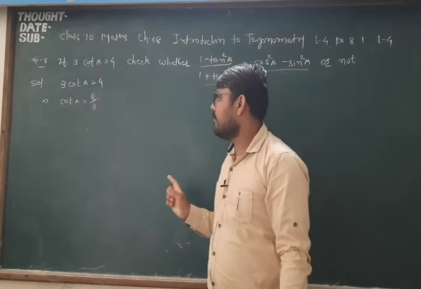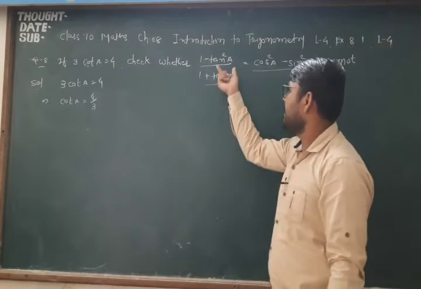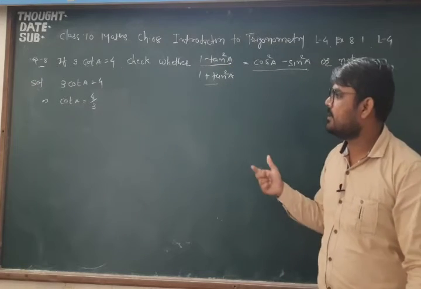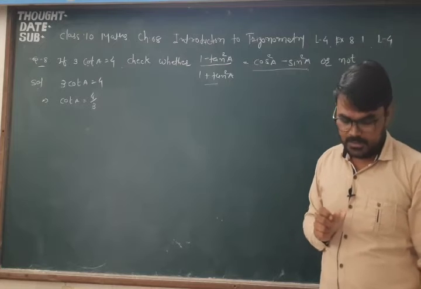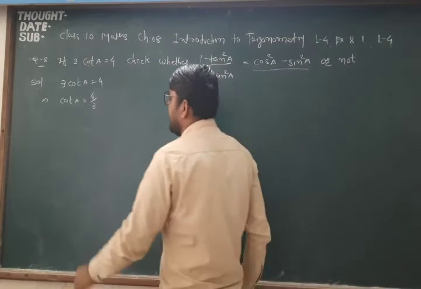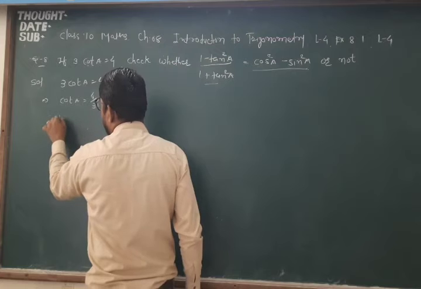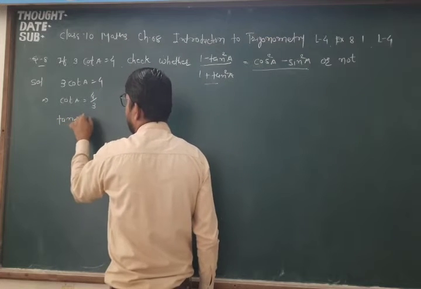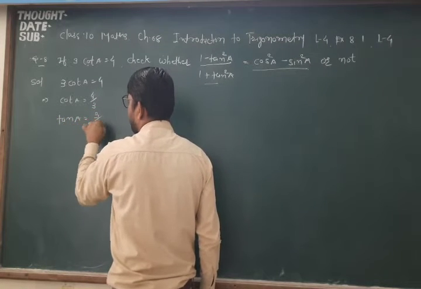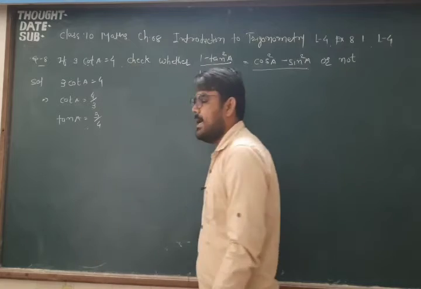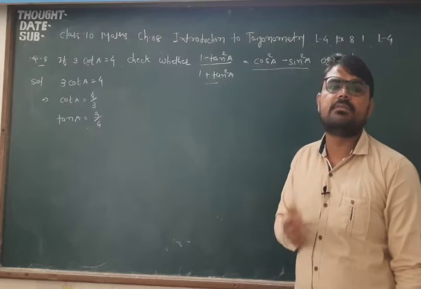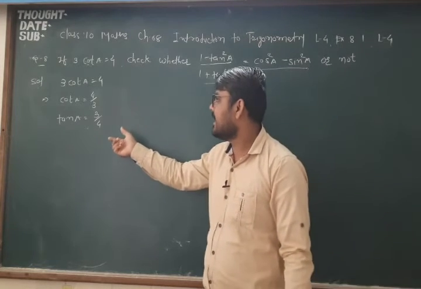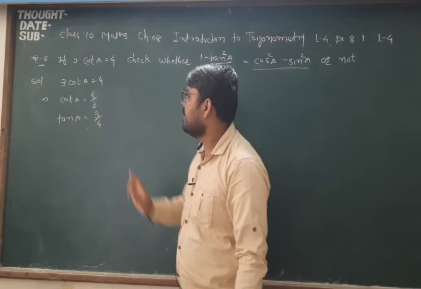So friends, we know here we need to find the value of tan A, and we know that tan and cot are both inverse of each other. So easily I can get the value of tan A, and that will be tan A equal to 3 by 4, because cot and tan are both reciprocal of each other. So tan A we can easily get from cot A, that will be 3 by 4.